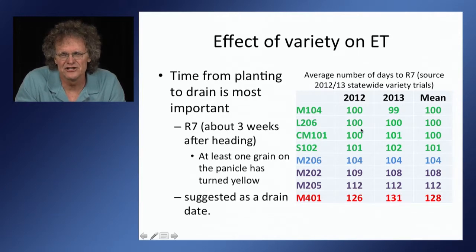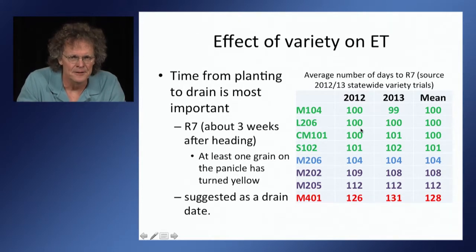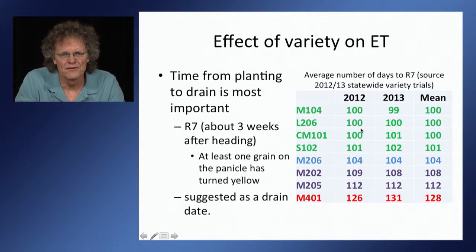This is a staging system used in the southern U.S. and that we've started to use a little bit here to help us understand how crops develop and to be able to quantify developmental rates. But recommendations from some of our advisors like Cass have said we really want to be draining our fields about 3 weeks after heading, and this corresponds very closely to R7.